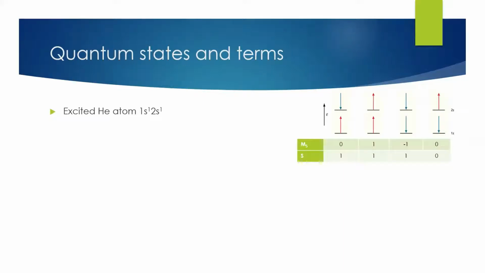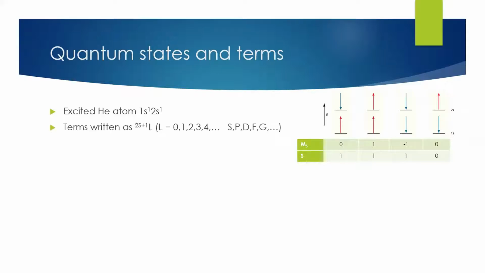The reasons for that are beyond the scope of this class, but just know that if we have an S of 1, we need to have an M sub S equal to 0 as part of that. S is 1, so M sub S is -1, 0, and 1. And we'll see a figure that will hopefully help us understand this a little bit in a couple clicks through here.